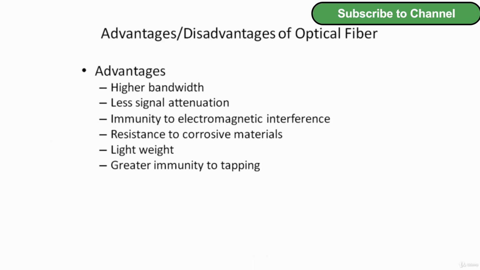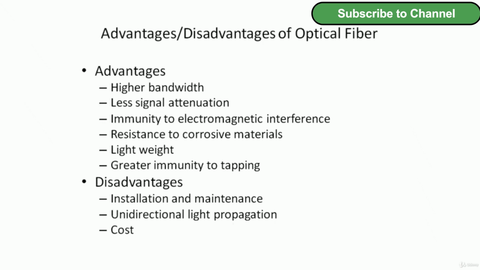Then immunity to the electromagnetic interference. The electromagnetic interference occurs very less. Then resistance to corrosive material. It is having some resistance for the corrosive material, means it is corrosive proof. Then lightweight, definitely it is very lightweight. Then greater immunity to the tapping. For the tapping, it is having the greater immunity.